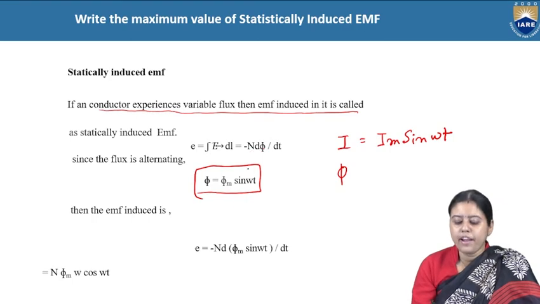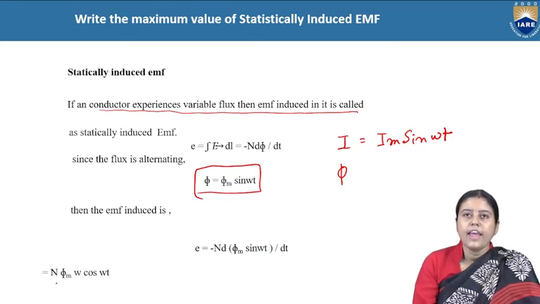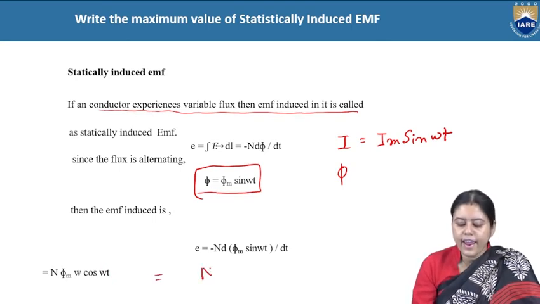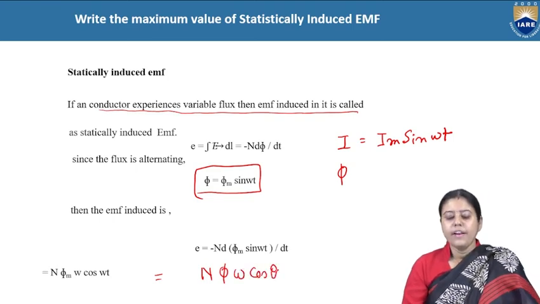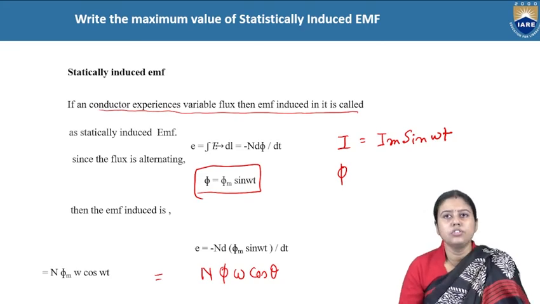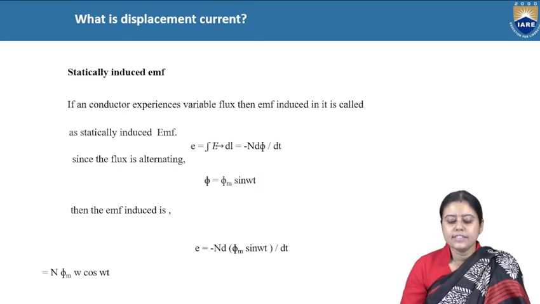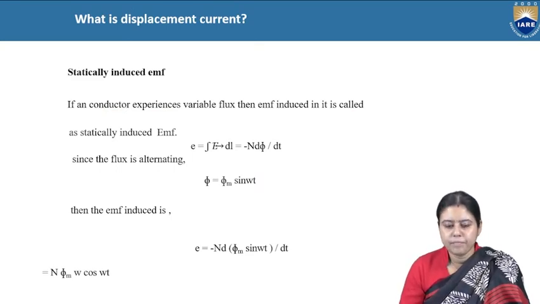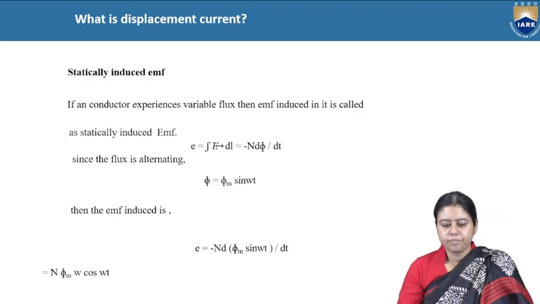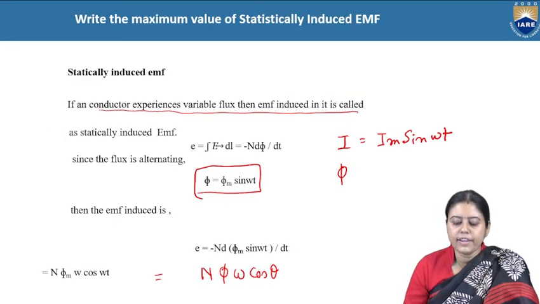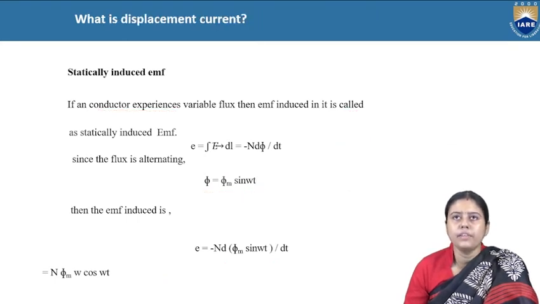Now if we put the value here, E is equal to n d phi m sin omega t. And what is the differentiation? n phi m omega cos omega t, or we can write n phi omega cos theta. Now when theta is equal to 0 degree, cos 0 is equal to 1, and this is the maximum, so we can get the maximum value of the EMF.